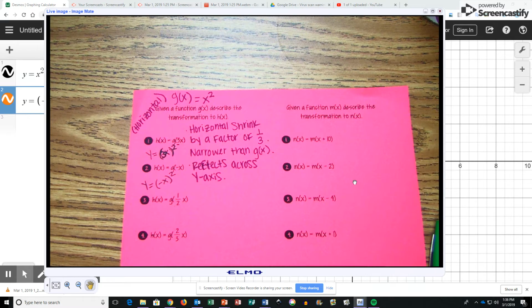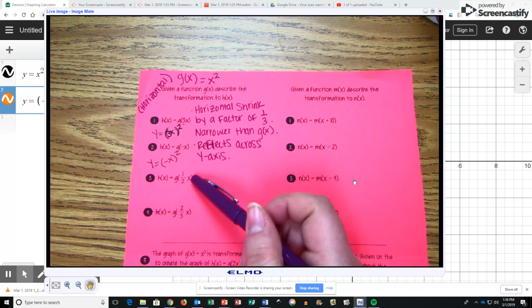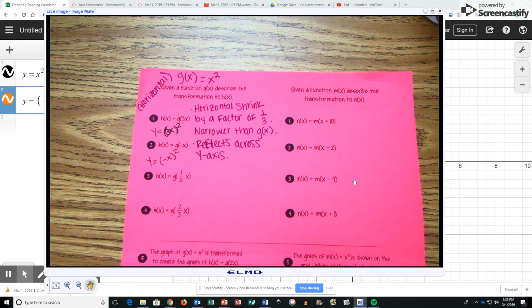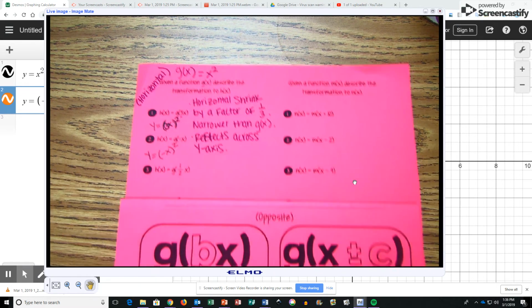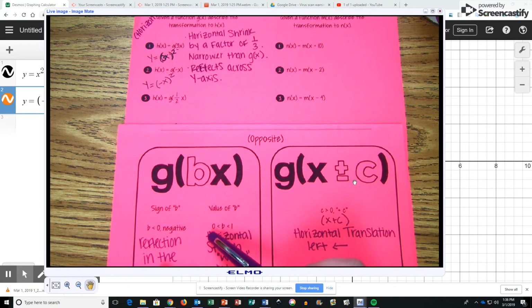All right, number 3. Okay, I have a 1/2 in b's spot. So if I come back here, it tells me that if b is a number between 0 and 1, it's a horizontal stretch, which means that it's going to be wider.